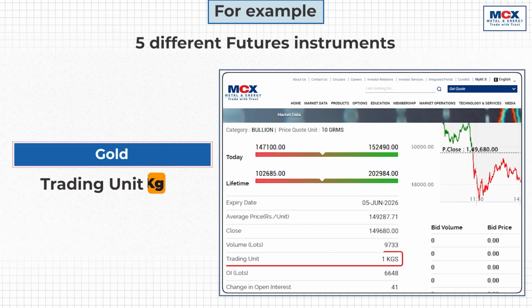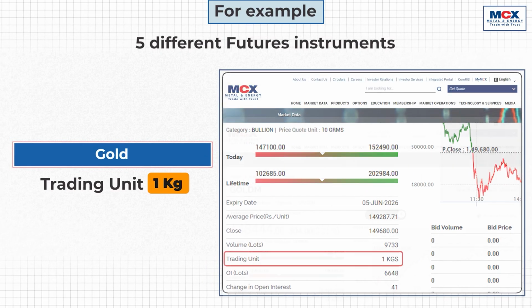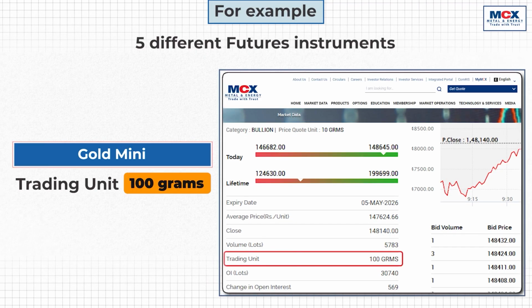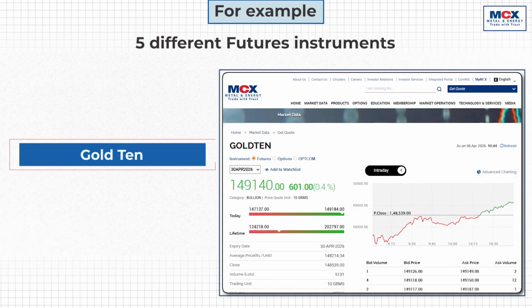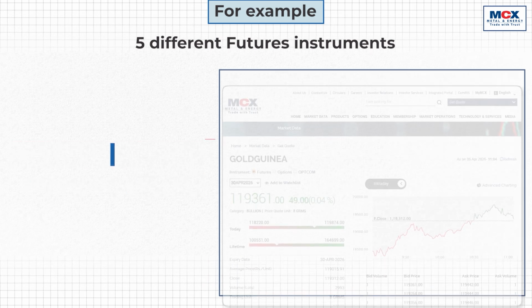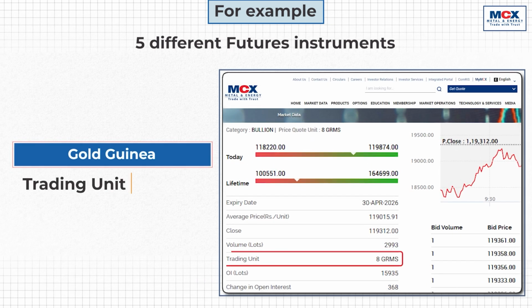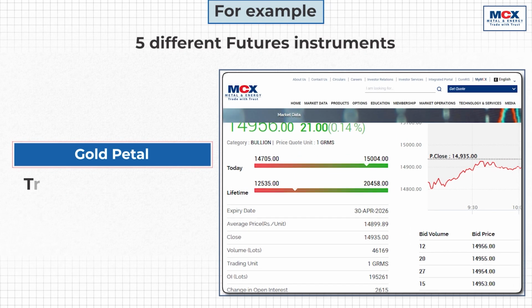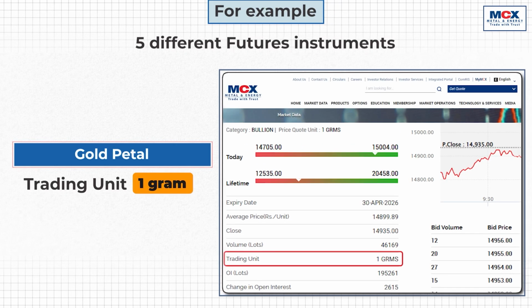Gold trading unit 1 kg. Gold mini trading unit 100 gram. Gold 10 trading unit 10 gram. Gold guinea trading unit 8 gram. Gold petal trading unit 1 gram.